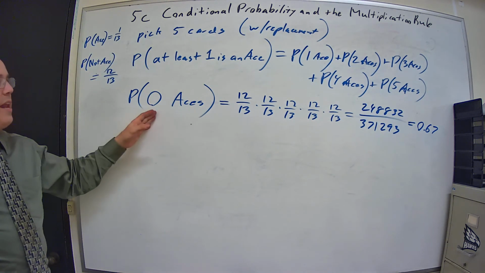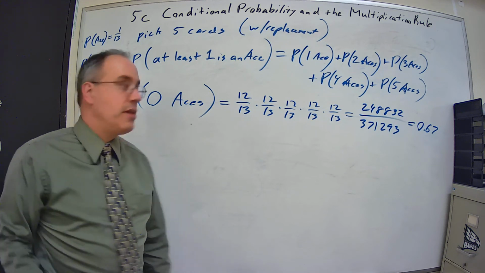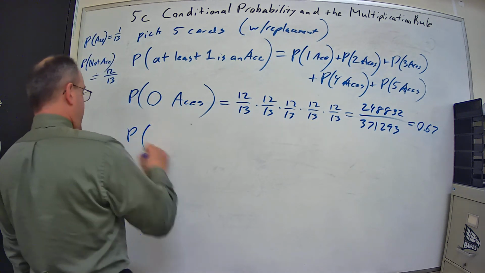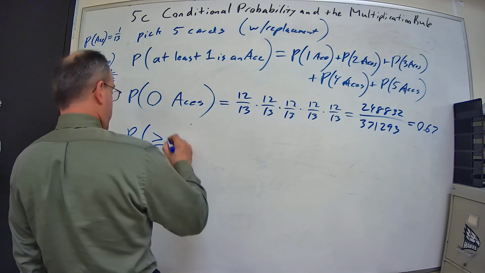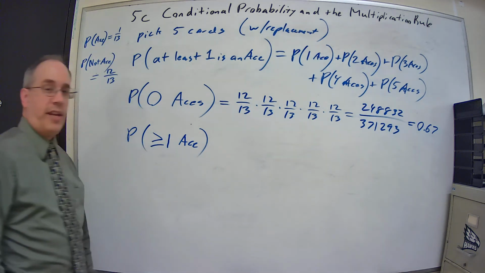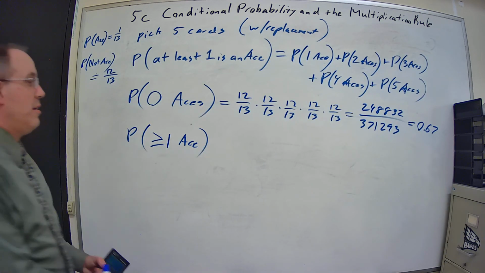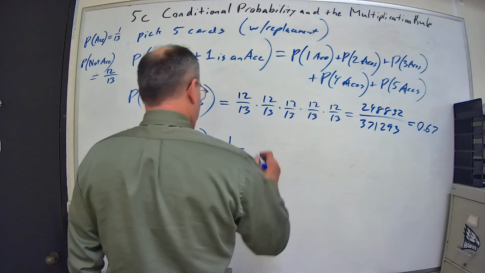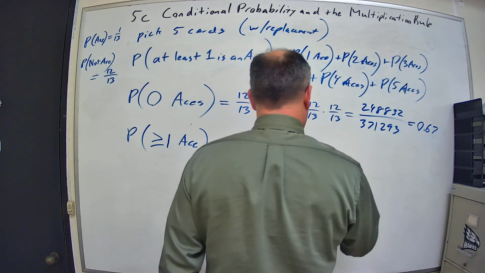So the probability that I don't get any aces is 0.67. Therefore the probability that I get greater than or equal to 1 ace, just to save myself writing, that's at least 1 ace, is equal to 1 minus 0.67 or 0.33.